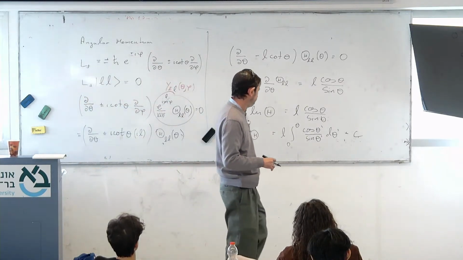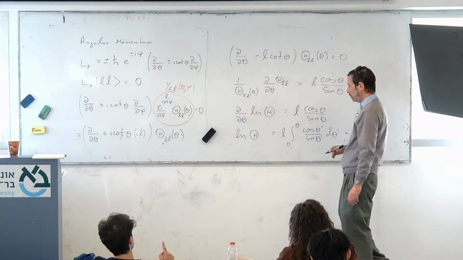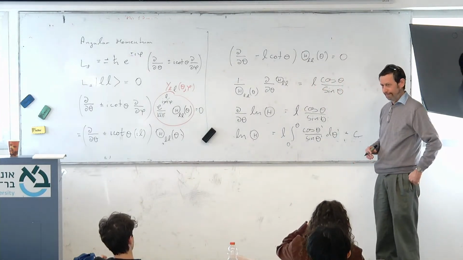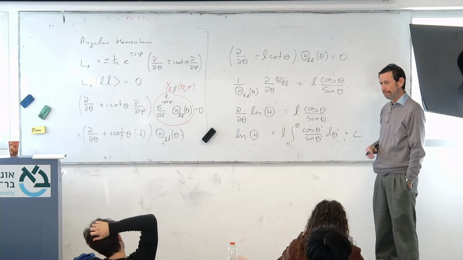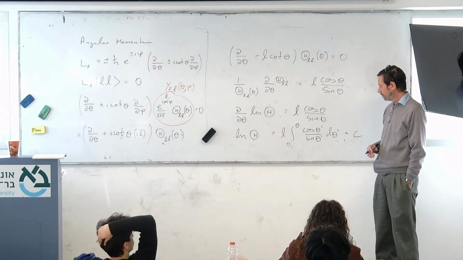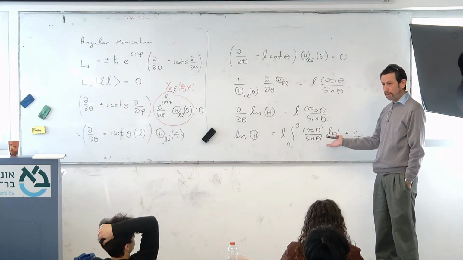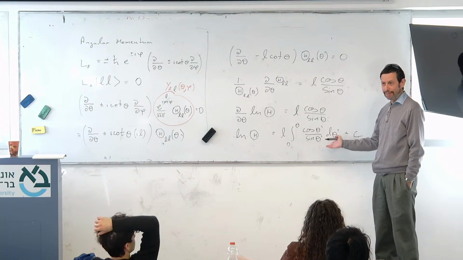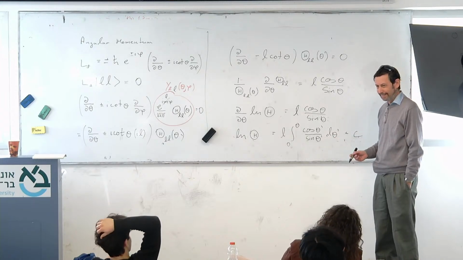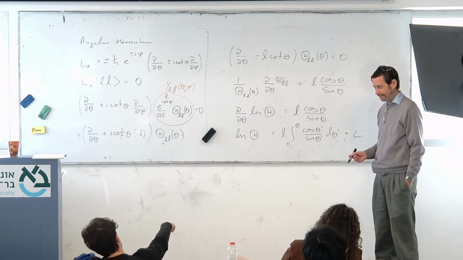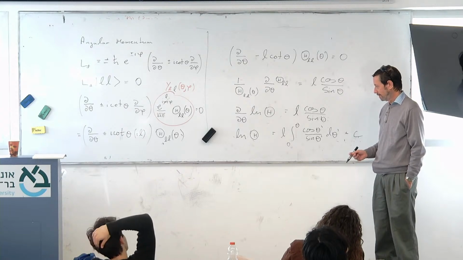Wait. Can I ask you a question? Sure. Something doesn't add up. I mean, here you have sine, and cosine is the derivative of sine, right? But I haven't done anything yet. No, but I'm saying if that's like the ln, and so you get ln at 0, which is minus infinity.